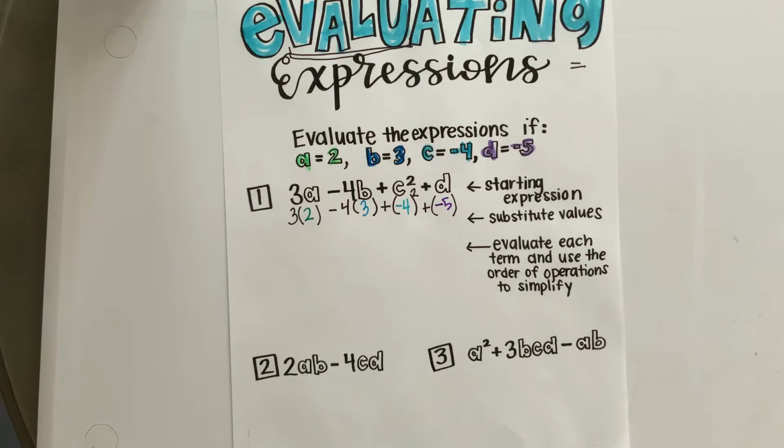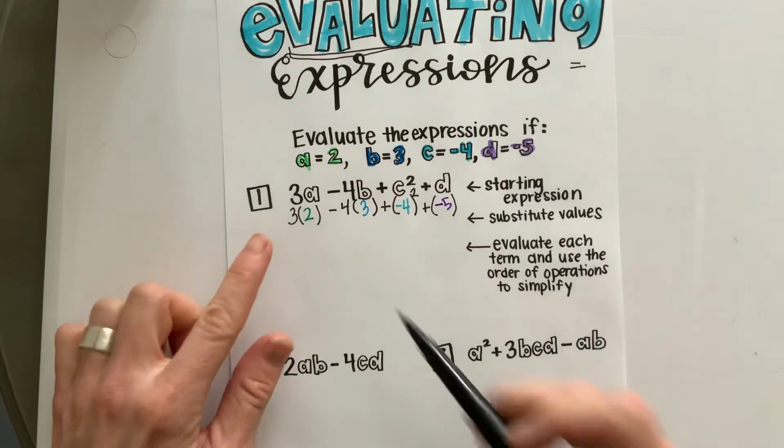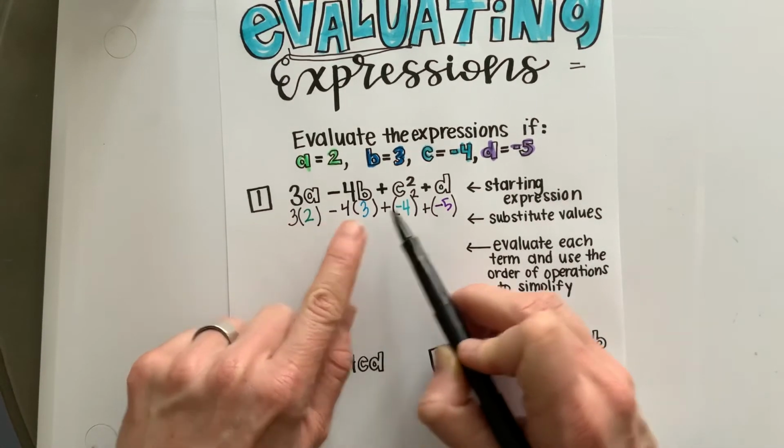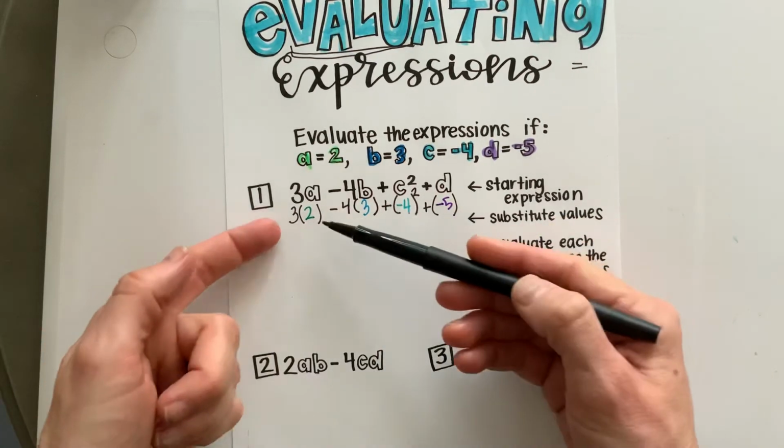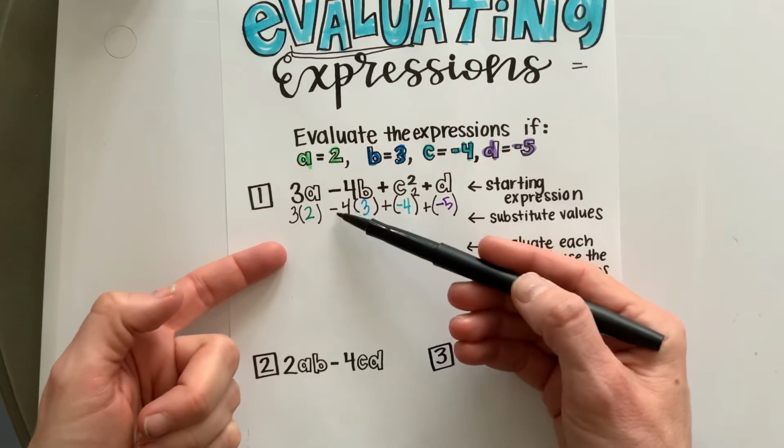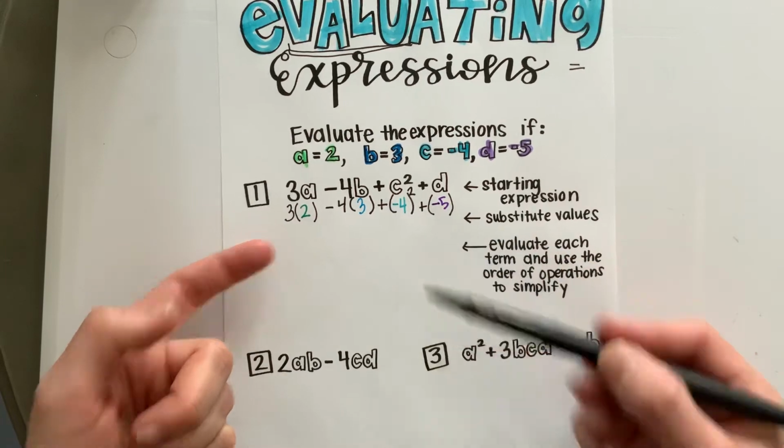Now I'm going to start evaluating each term. So what is the value of this term, and then this one, and then this one, and this one? I'm going to rewrite each of them, and bring down the operational sign that separates them.